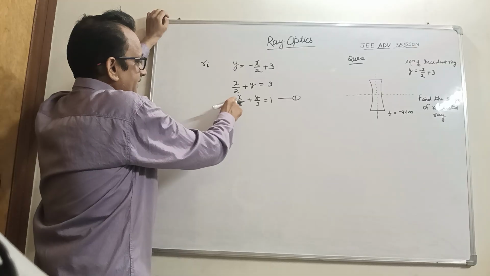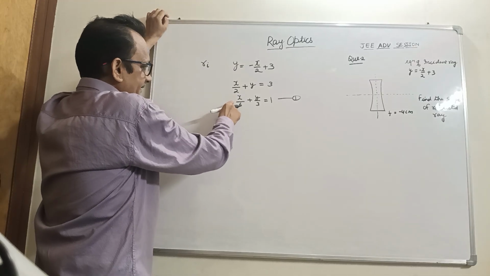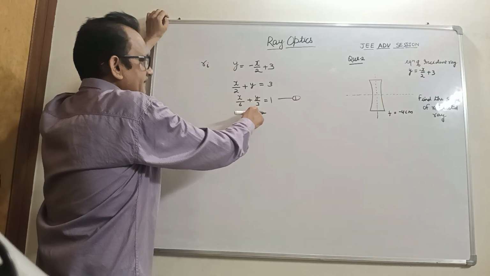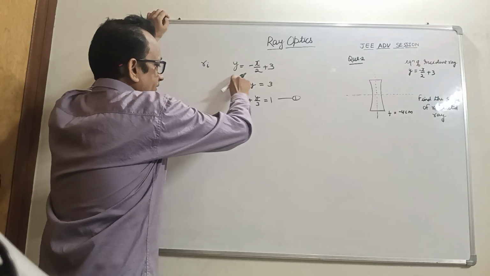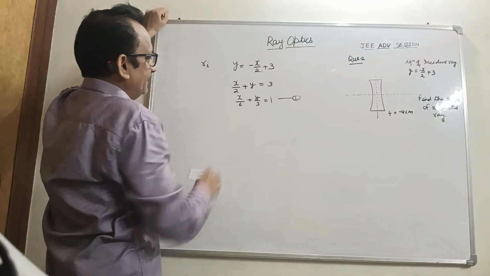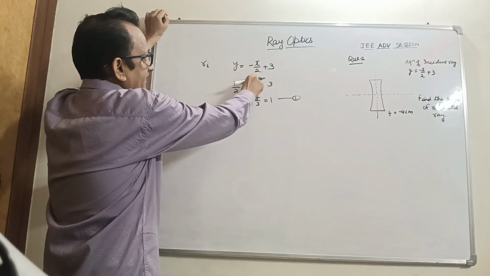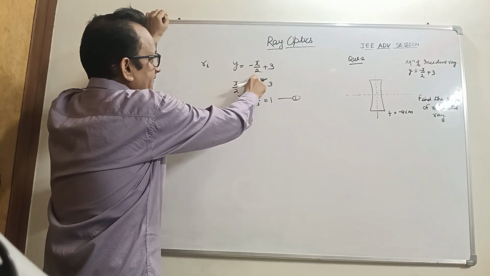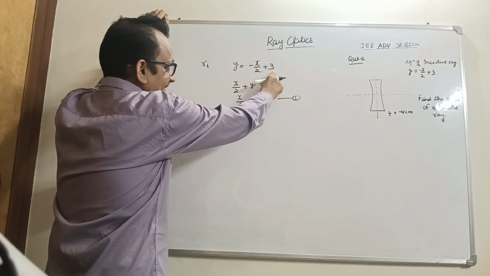In this equation, the intercept on the x-axis would be 6 and the intercept on the y-axis would be 3. Comparing with y is equal to mx plus c, the slope of the equation is minus 1 by 2 and the intercept is 3.